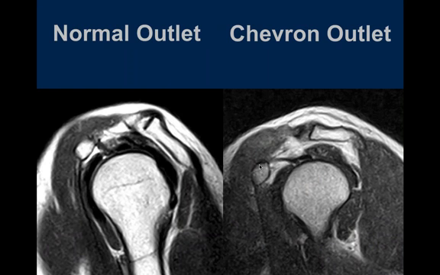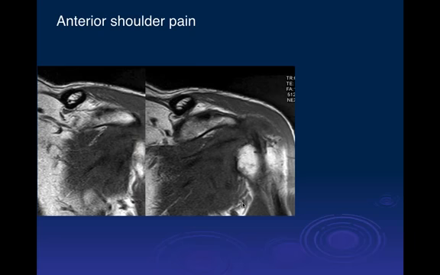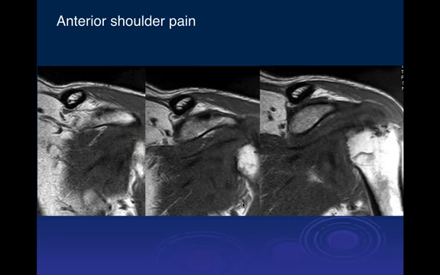And then here's one where we can see that the coracoid process is more inferiorly placed. Here it's more superiorly placed, but I actually think that there are better signs on MR than the chevron sign. And that just shows a chevron sign. So here's a patient with anterior pain.